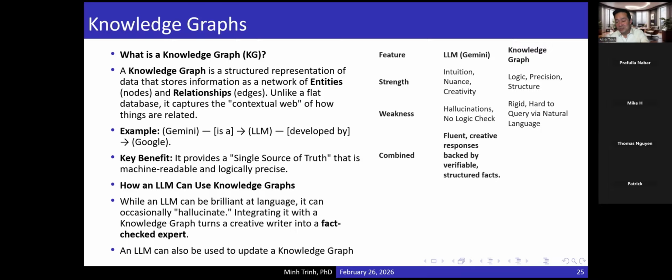Say, is Andrew Windsor still a prince of England? Then you have to know that recently he has been demoted. So you need a knowledge graph that can read the news and say, okay, no, he's not a prince anymore. So you need to be updated. Now you can use an LLM to feed the knowledge graph.